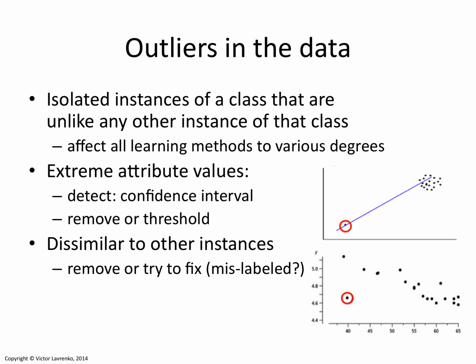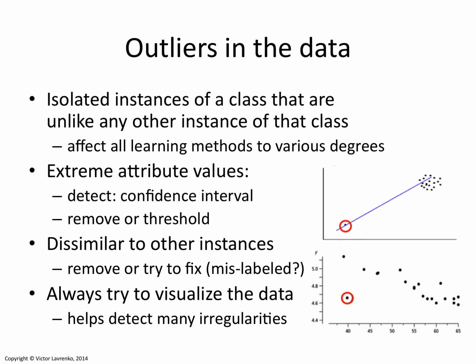It's kind of in line with the rest of them. And if you look at the y value, it's very much in line with the rest of them, but it's still an outlier. So detecting these kinds of outliers is a lot harder. One way would be to measure distances, but that's a very expensive proposition. So again, once you've identified it, you want to either remove it or fix it in some way.